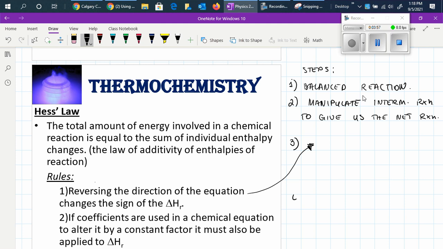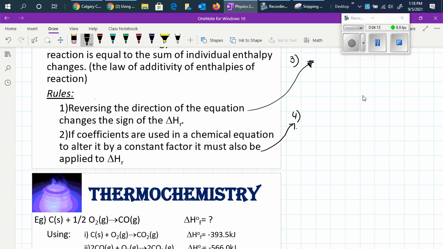And then the fourth rule is if coefficients are used in the chemical reaction, then you apply the same coefficient to the change of enthalpy, and then you just add the changes of enthalpy and cancel out reactants and products to have the final net equation.